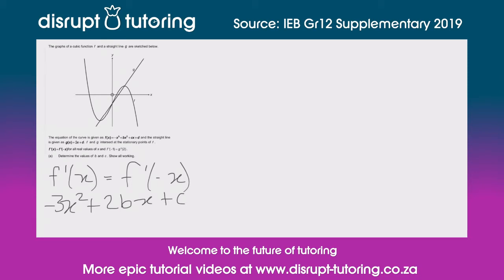I've applied my exponent laws there, equals, now it's the exact same thing, but everywhere I see an x I need to sub in a negative x, so that's going to give me minus 3 times minus x squared plus 2b times minus x plus c.